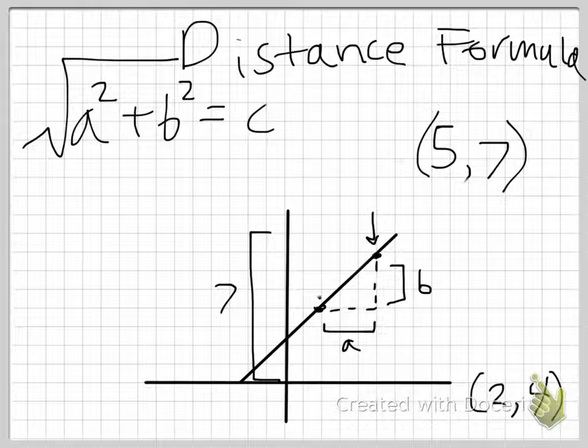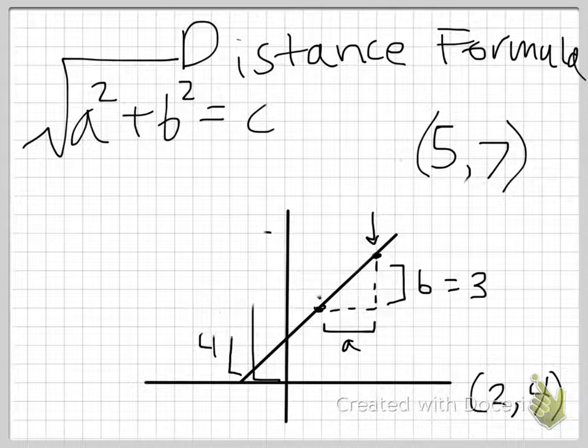And this distance right here is 4, since the y-coordinate of this point is 4. Got it? So what's b? Well, it's the difference between them, so it would be 3. So in this case, b equals 3. See where I got that? It's the difference between the two y-coordinates.